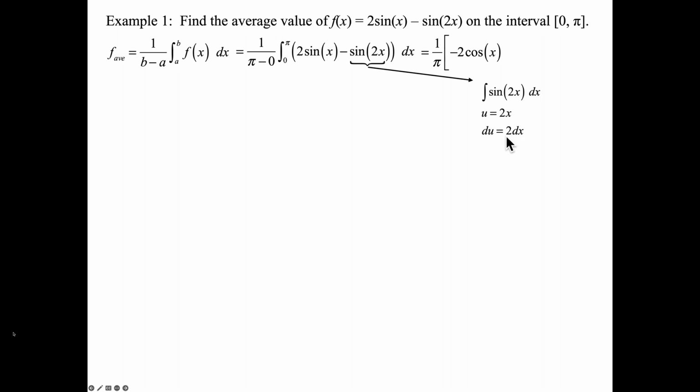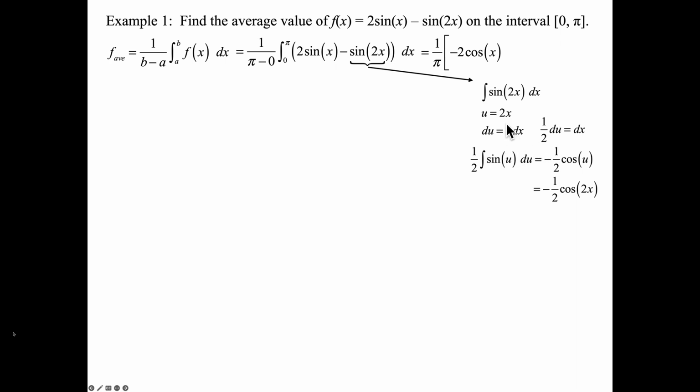Again, I'll have to divide over the 2 to solve for dx. So 1/2 times the integral of sine of u du. And when you integrate sine, like we said over here, it would be a negative cosine u multiplied by that 1/2.